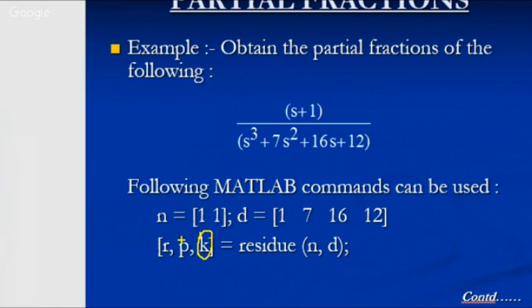Then residue. Residue is the one which comes at the top. For example, if there is a pole at minus 1, say 6 divided by s plus 1.